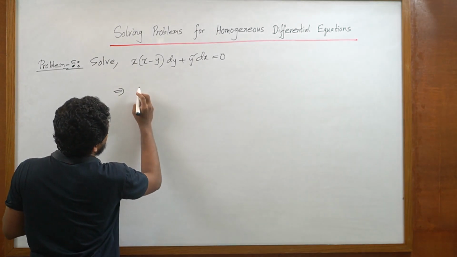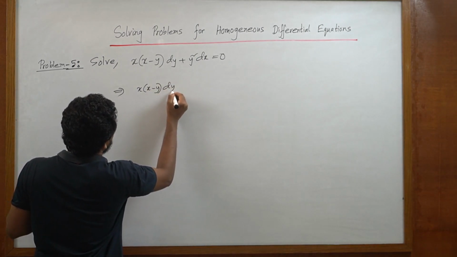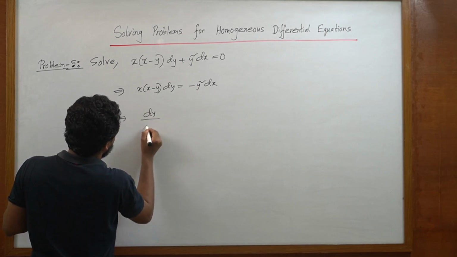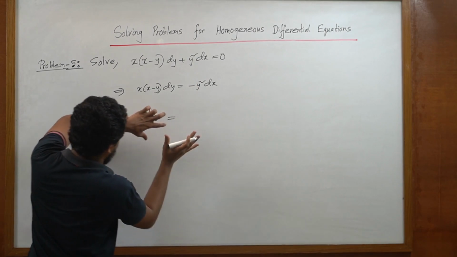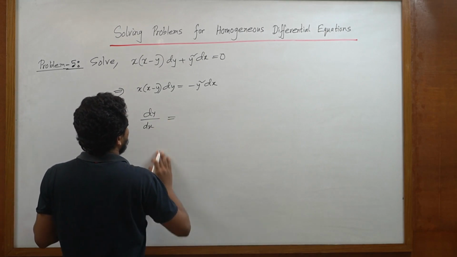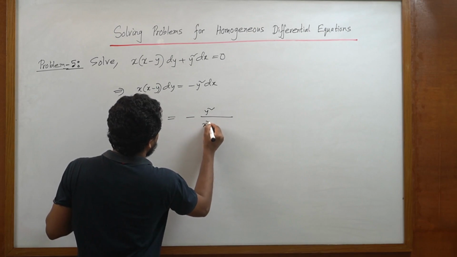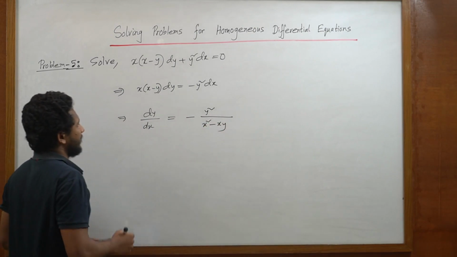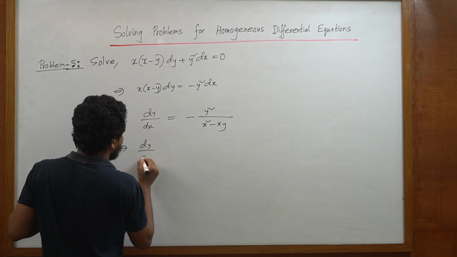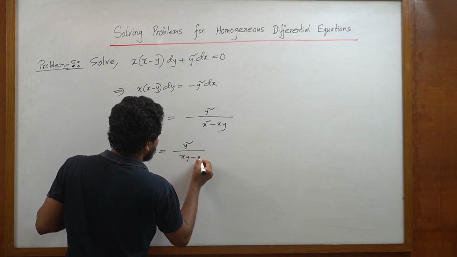So we will get (x minus y) dy equals minus y square dx. So dy/dx equals minus y square by x square minus xy, so we get dy/dx equals y square by xy minus x square.